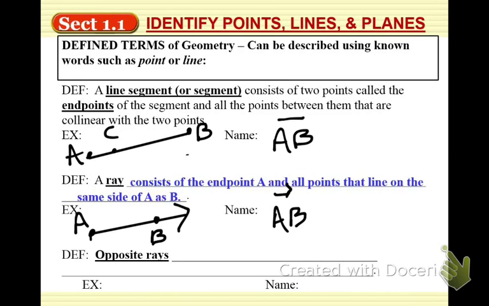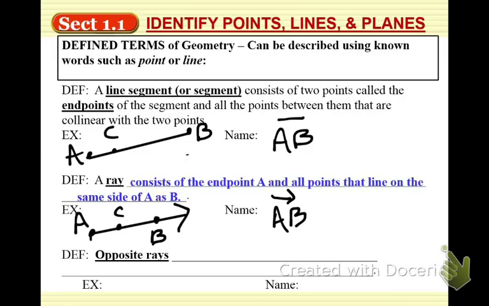Your symbol is going to look like a ray, or it should. But you have to make sure that your arrow side is above the directional point, not above the endpoint. Does that make sense? So since A is your endpoint, you don't want to put an arrow above the A. If we add a third point in here like this, would it be okay to name that ray AC?